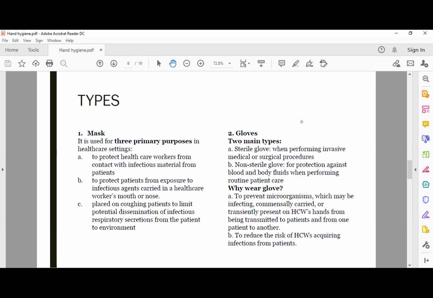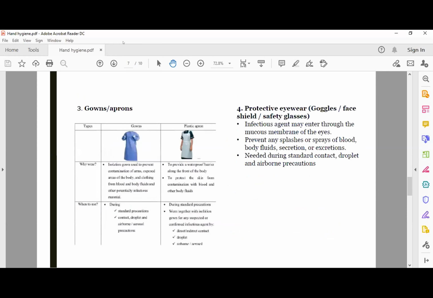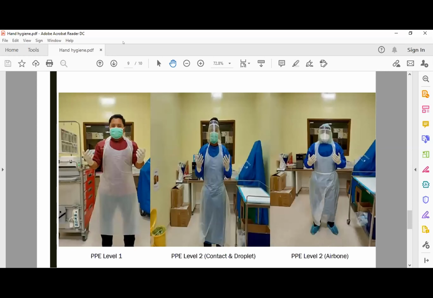And then you need to know the levels of PPE. There is level 1, level 2, level 3 and so on. You know, right? Because later when I present, the audience is doctors. I always mix it up. I think level 1 is the strictest, the most strict.